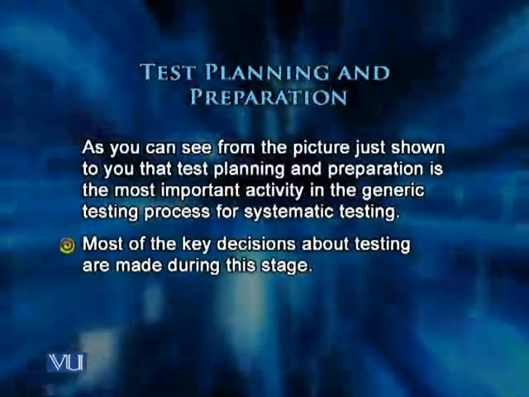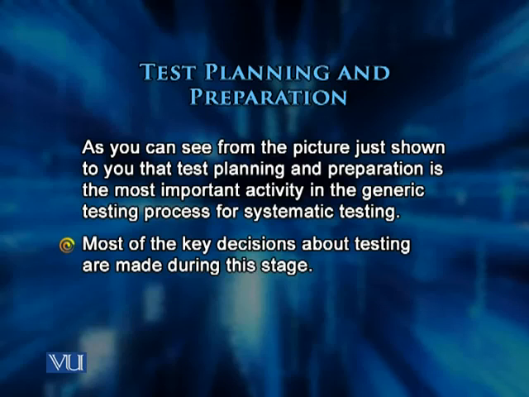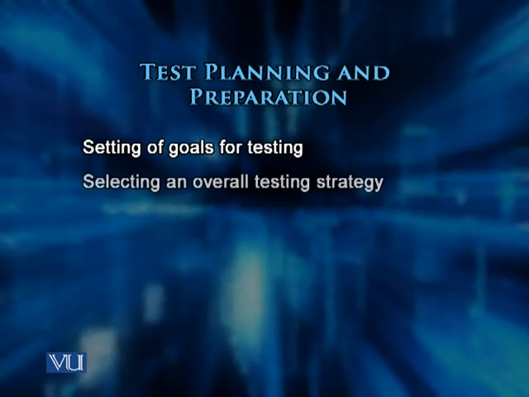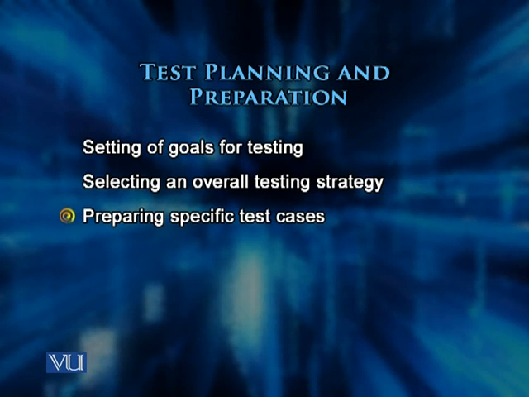Most of the key decisions about software testing are made at this time, that is, when you are planning for software testing and when you are preparing for software testing. These decisions include setting of goals for testing, selecting an overall testing strategy, and preparing specific test cases.